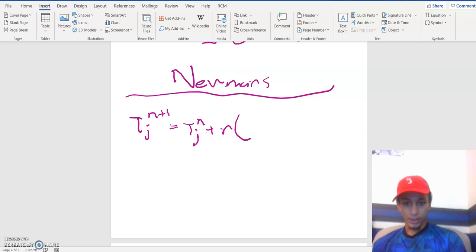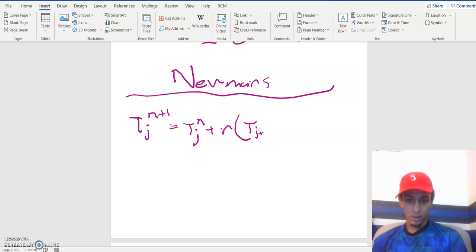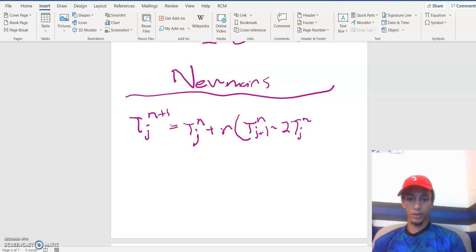So r times the temperature at some position to the right at an earlier time, minus 2 times the temperature at position j, same position at an earlier time, plus the temperature at some position to the left at an earlier time.